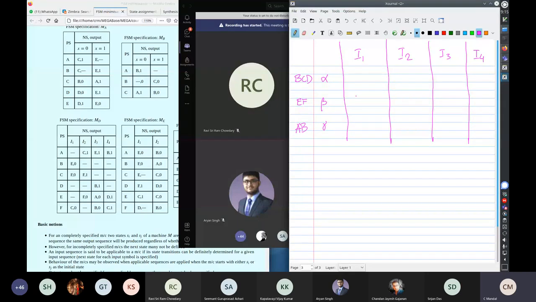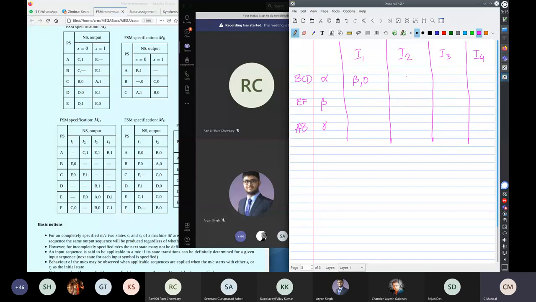BCD, on I1, both are going to EF. So that should of course be beta, and the output should be 0. On I2, it's going to F, sorry, BCD, right?